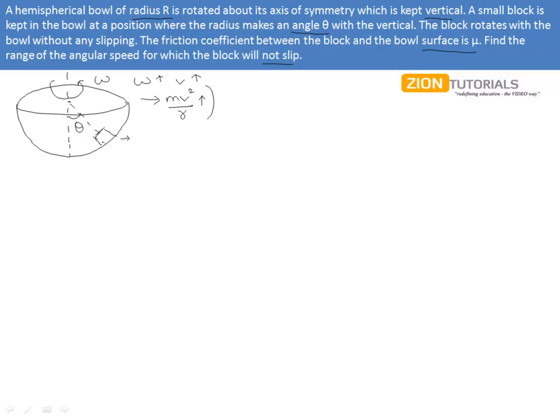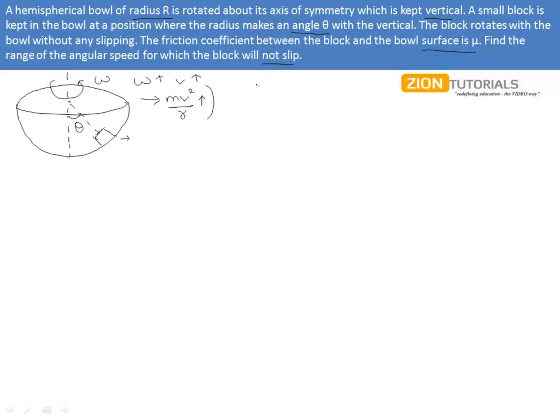It can only move outwards by moving upwards along the bowl, because the radius of the bowl increases as we move up. So as omega goes on increasing, it will have a tendency to move upward along this bowl. And we need to find the maximum omega at which this can remain here without slipping on the bowl.